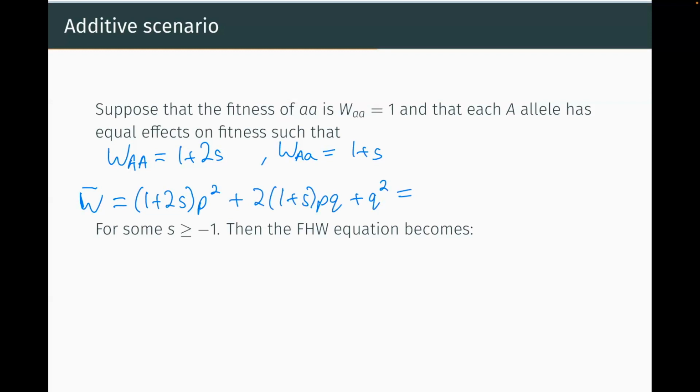This all simplifies down to 1 for the same reasons as before. So I have a 1, and we're going to have 1 plus 2sp times p plus q. It's because we had a 2sp squared and a 2spq in the first and the second terms. And p plus q is just equal to 1, so this is just 1 plus 2sp.